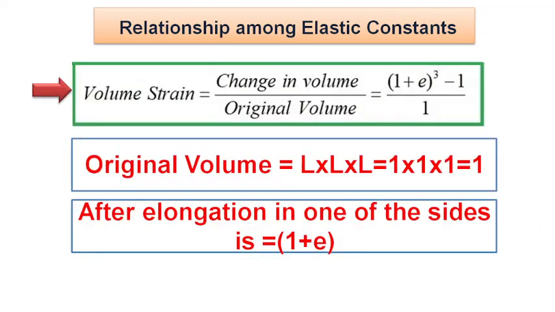The original volume is 1 multiplied by 1 multiplied by 1, which is equal to 1.